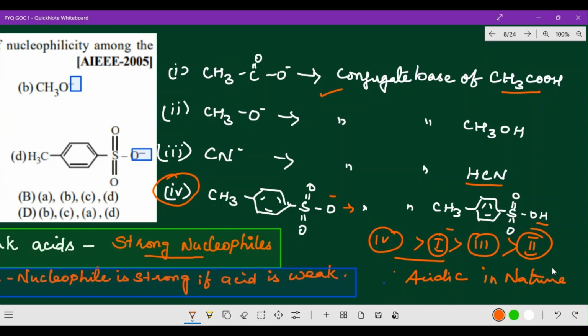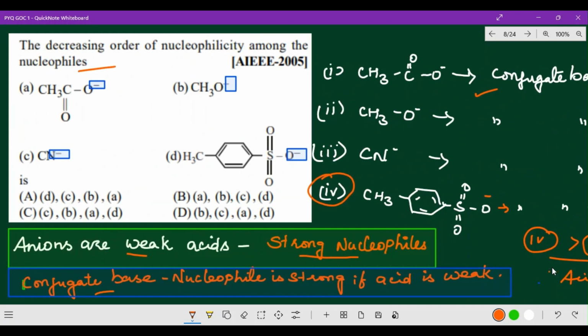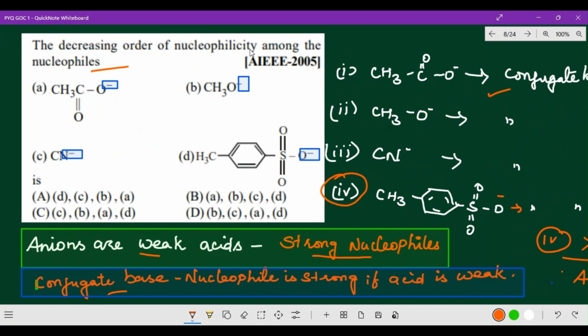But in the question, they have given the decreasing order of nucleophilicity among the nucleophiles.